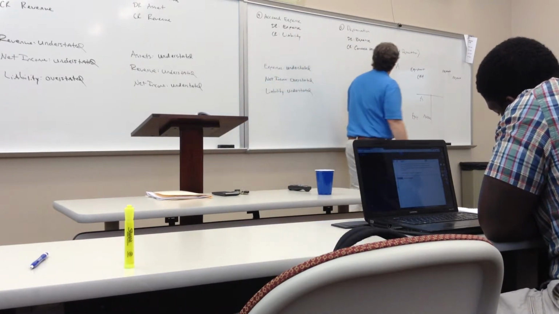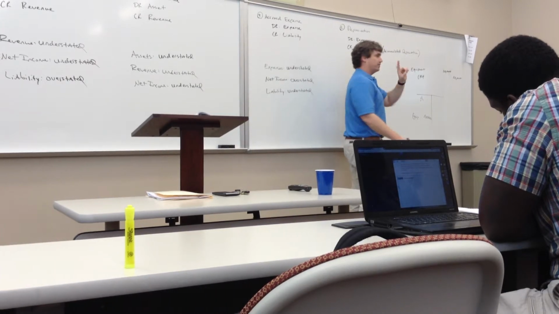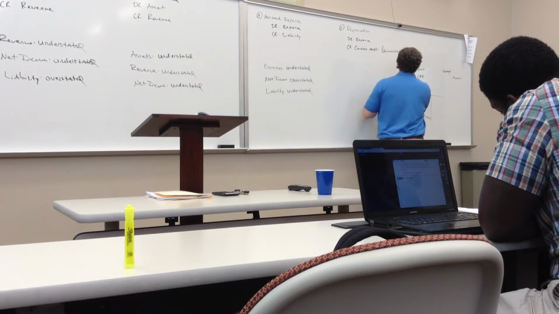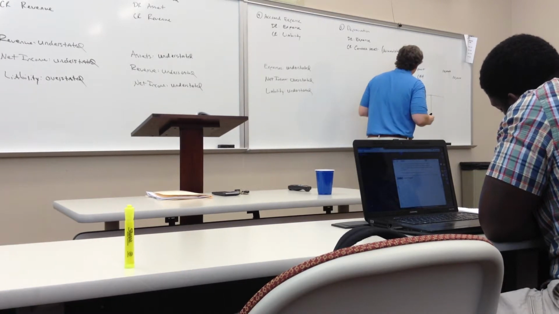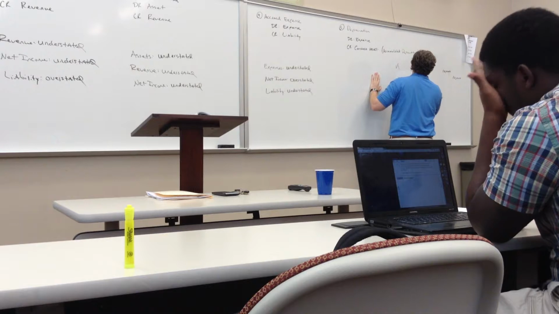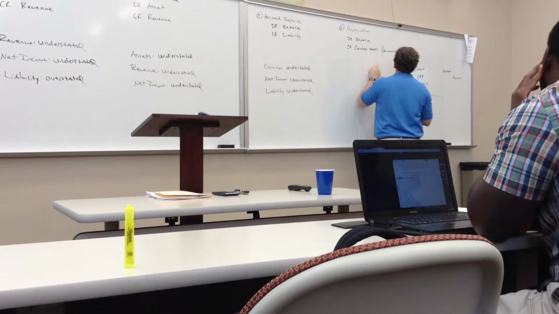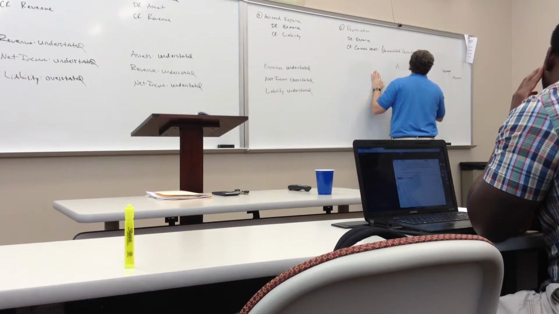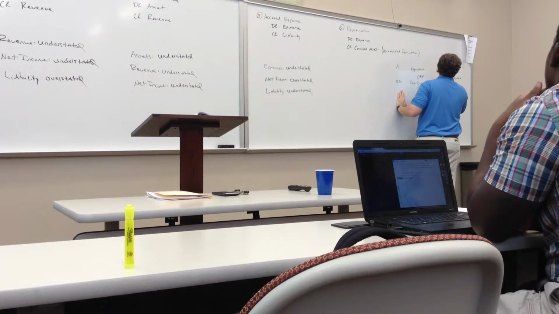So what I'm going to do is make this adjusting entry, and when I make this entry for the first time, let's make it on 12/31 of this year. I debit depreciation expense and I credit accumulated depreciation. And let's make it for $1,000.